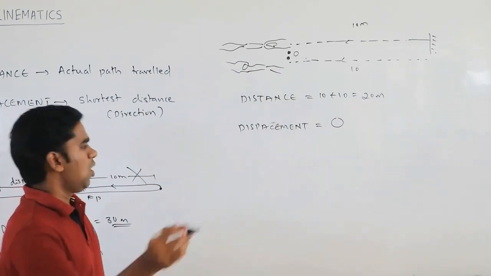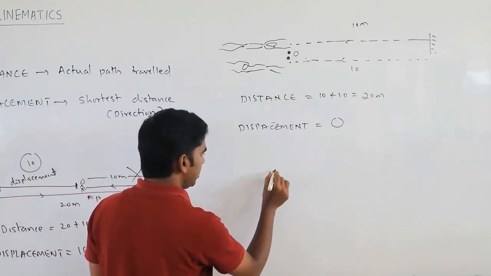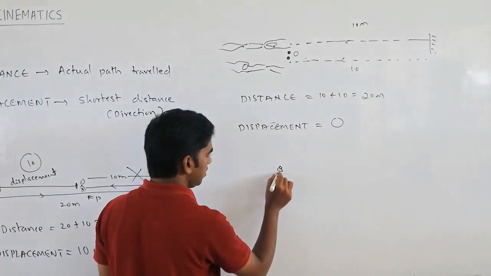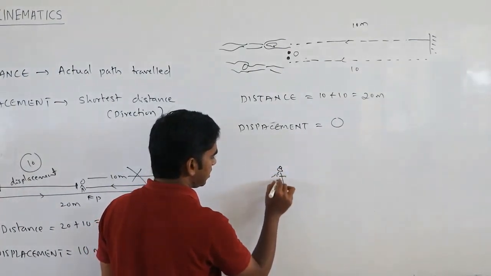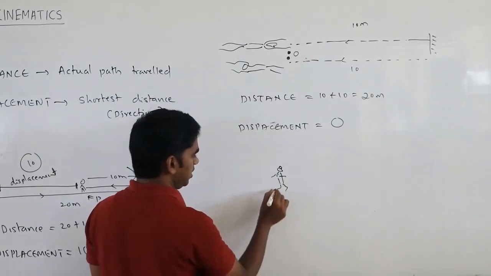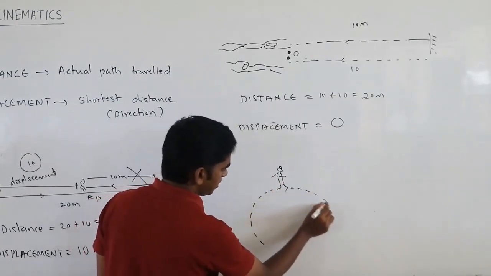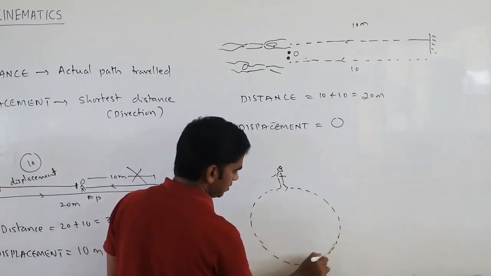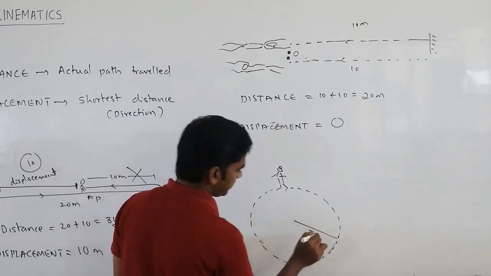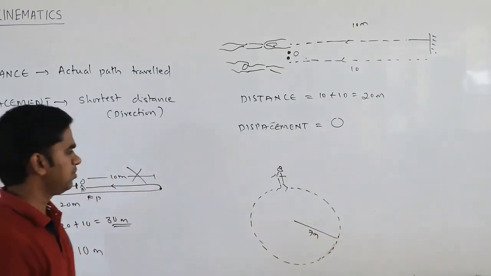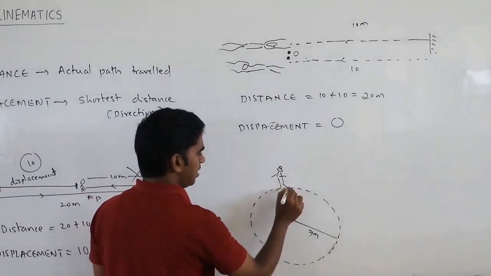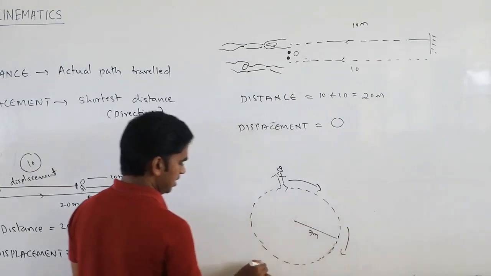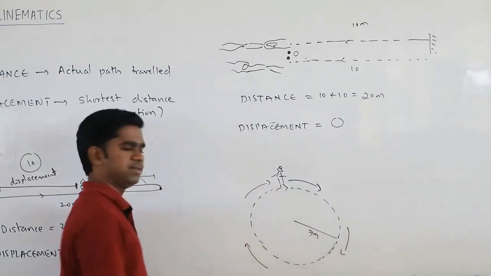Or if you want one more example, suppose there is an athlete running around a circular path, and say its radius is 7 meters. He will complete one circle. He starts from here, runs around, and comes back to the same point.